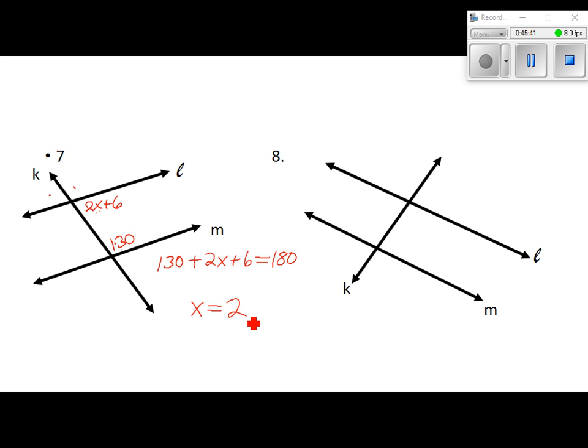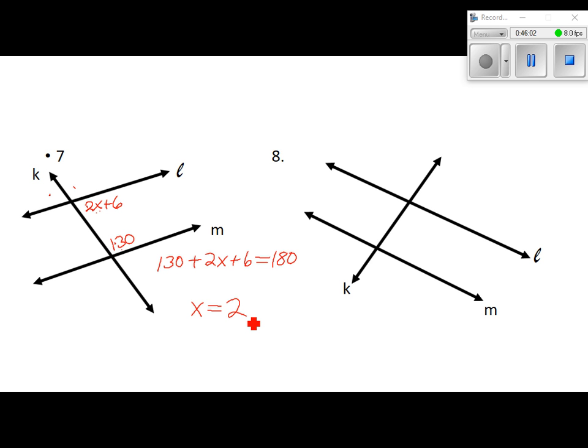Put those together. What's 130 and 6? So write that down right there. 2x plus 136. Plus, what do you need to bring back? And all that stays equals what? 180.